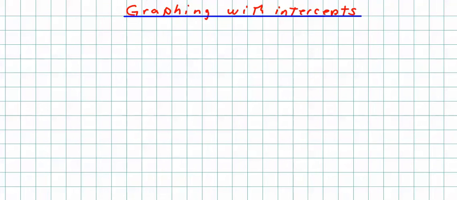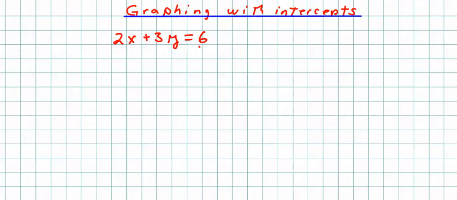Hello, this is a short video presentation on graphing with x and y intercepts. If you have an equation like 2x plus 3y equals 6, this can be graphed with no work.